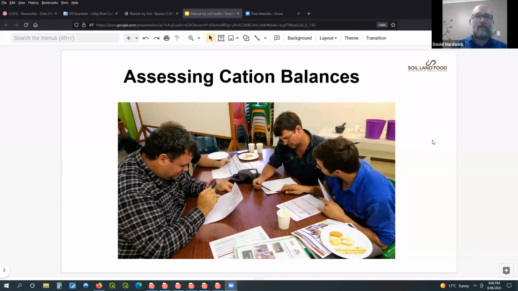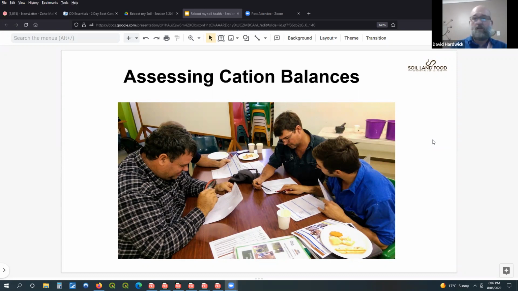Okay, so now we're getting on to the difficult part of soils, the soil health side, and that's something called the cations and the exchangeable cation balances, sometimes called base saturation. This is one of the key important areas of your soil's health. Organic matter and the carbon nitrogen ratio we explored last week is a really important aspect of your soil, and another really important aspect is the cations.